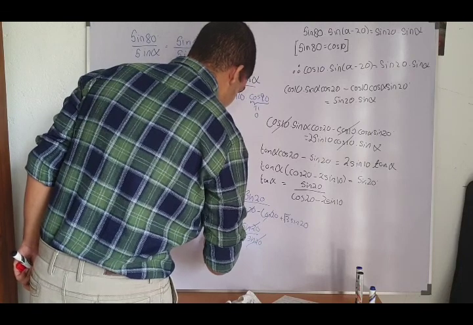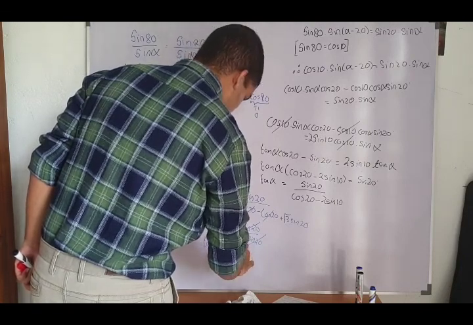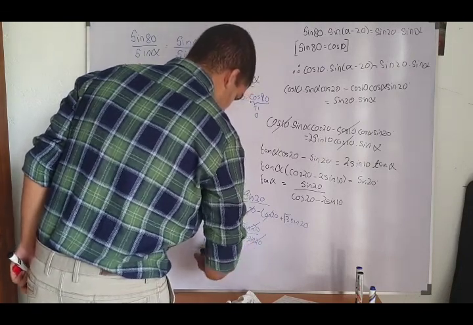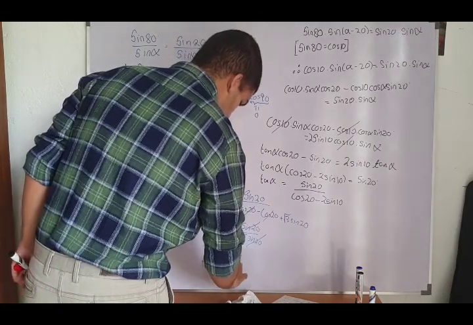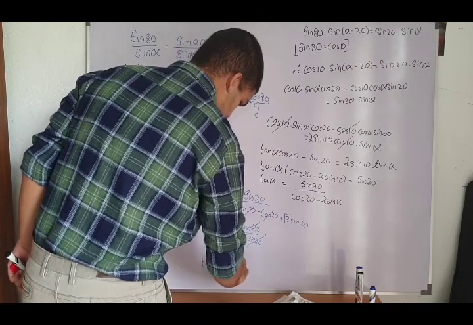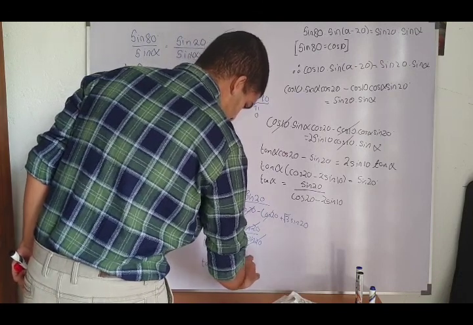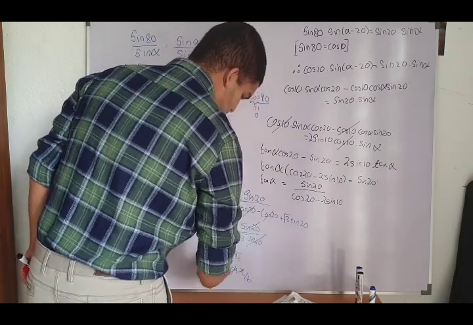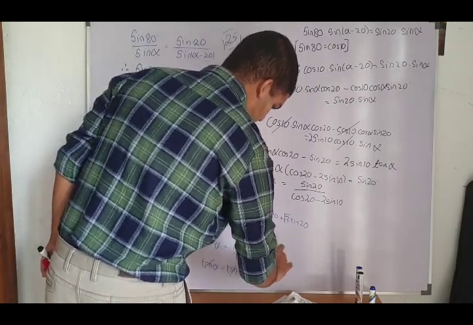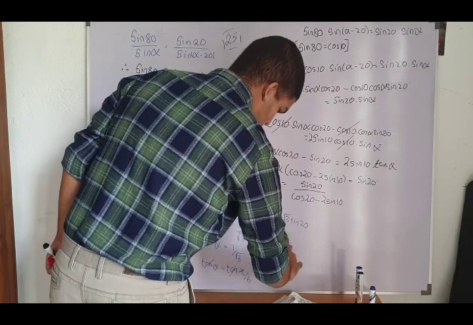Tan alpha is equal to 1 over root 3, which is tan pi by 6. Alpha and tan can be cancelled off, so alpha is equal to 30 degrees.